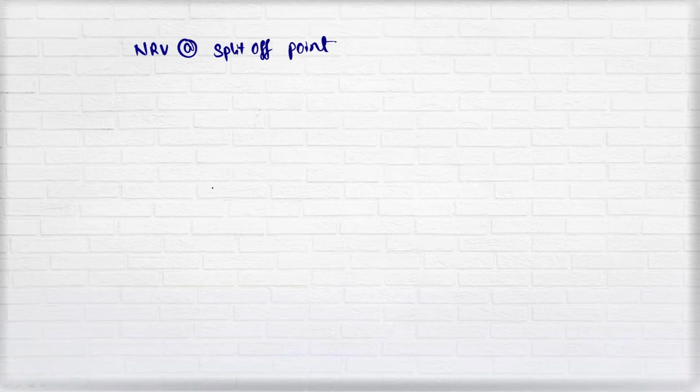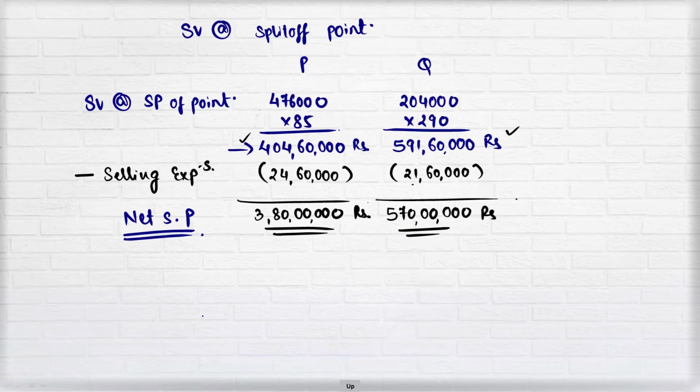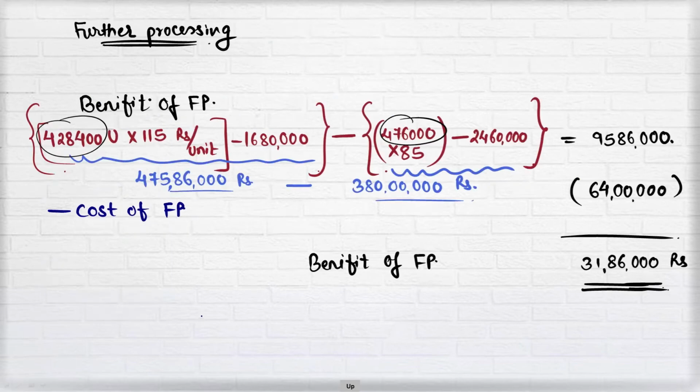I start with the final product, which is the final product of P, that is AR, and which is the final product of Q. What is the sales value of AR? We have, I think, found it out. 4 crore 75 lakh 86,000 is the sales value of AR.